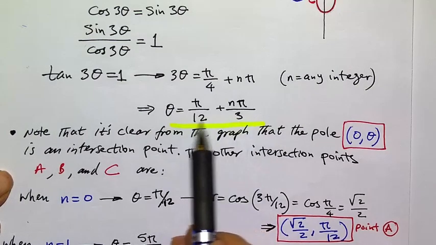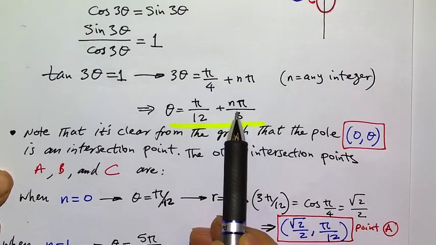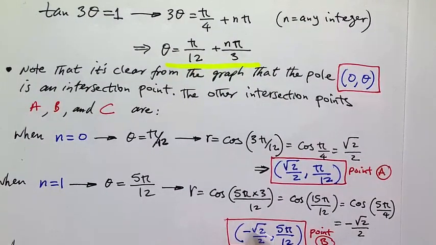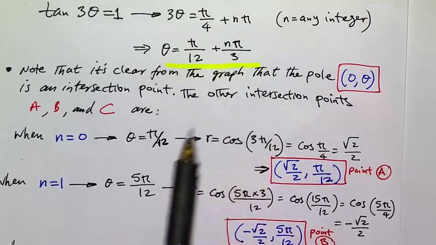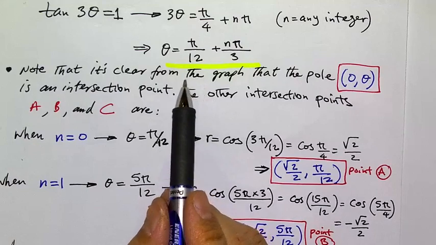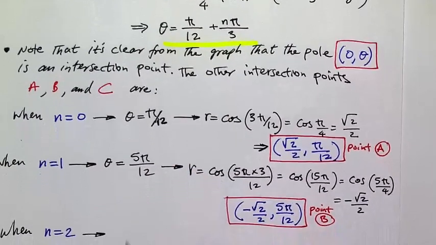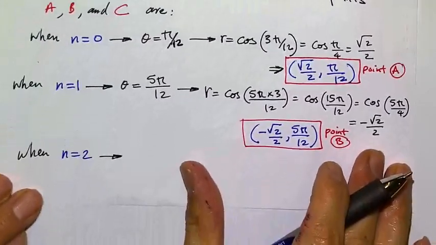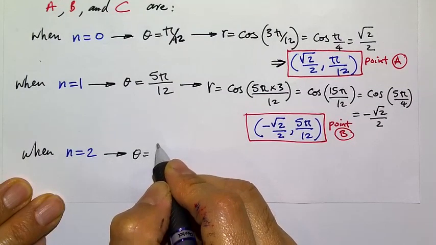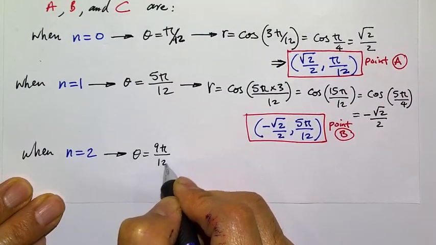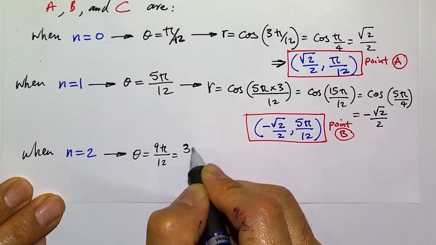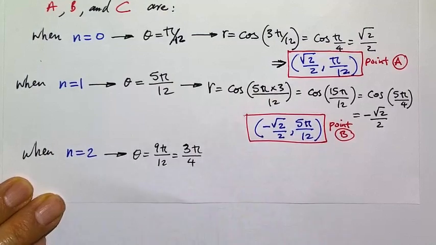So 2 pi over 3 with common denominator 12, we get 8 pi plus pi, 9 pi over 12. Let me simplify it on paper. So theta equals 9 pi over 12, or 3 pi over 4. Okay?